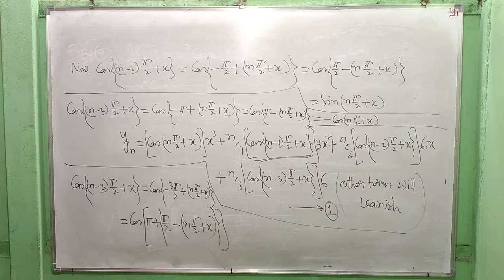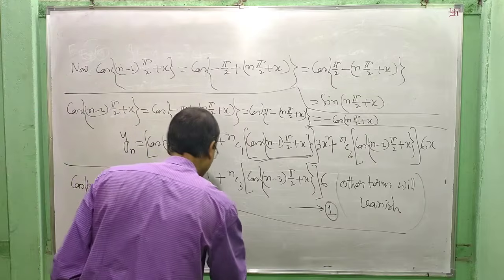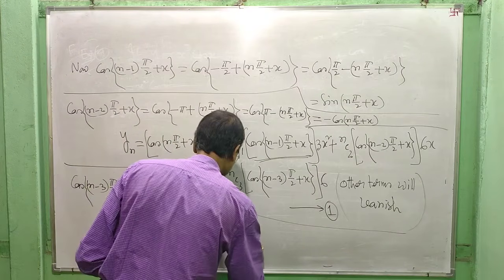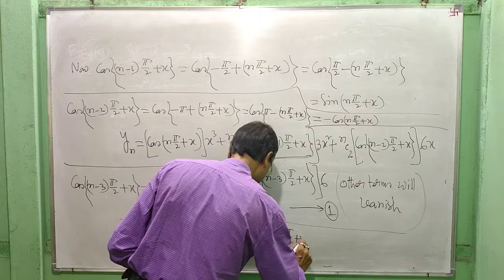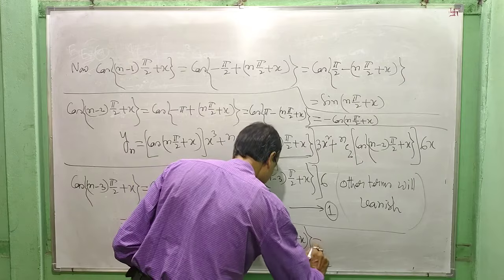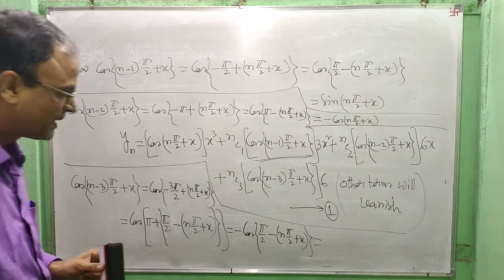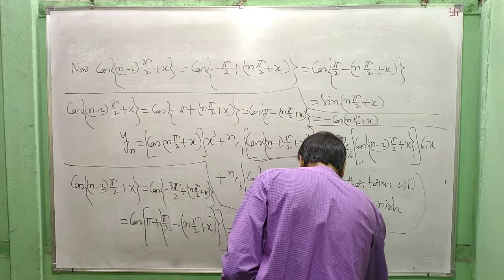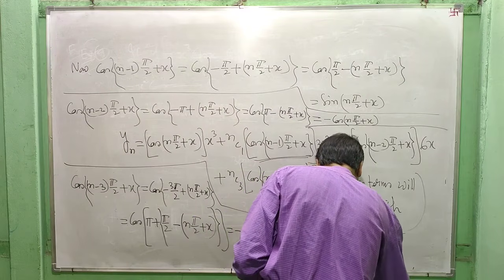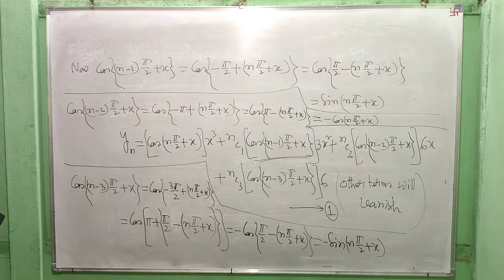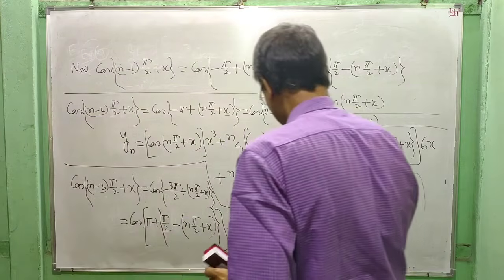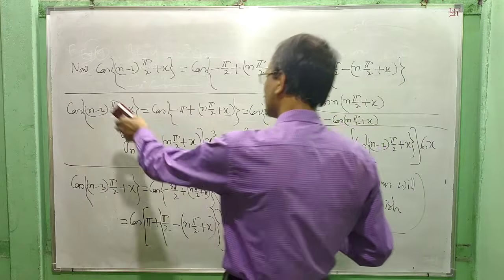You may write it like this: cos of pi plus, this is equal to minus cos of pi by 2 minus n times pi by 2 plus x. This is equal to minus sine of n times pi by 2 plus x. Right? Minus sine of n times pi by 2 plus x. Now, this is number 1 in place.